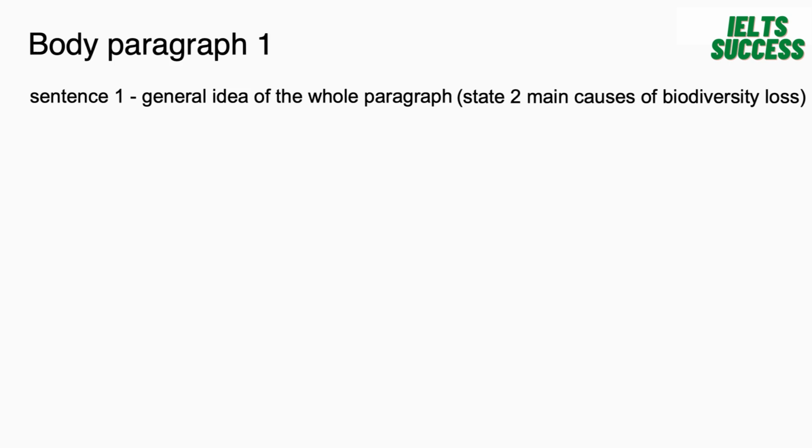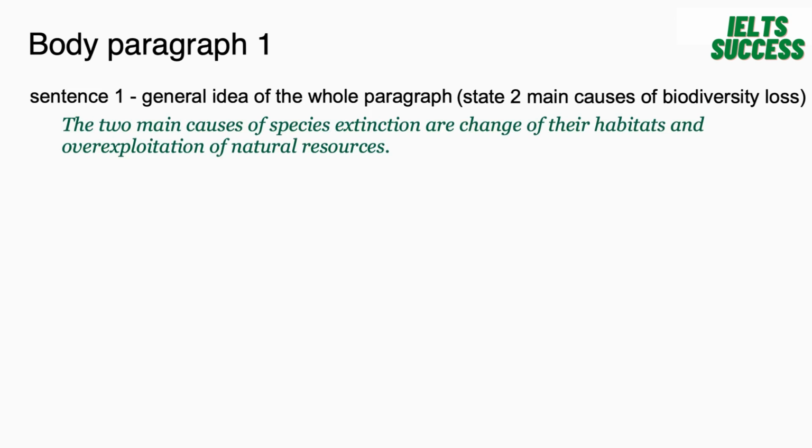Here is my first sentence. The 2 main causes of species extinction are change of their habitats and overexploitation of natural resources. Remember, we have produced these ideas earlier, so now I simply plug them into my sentence.